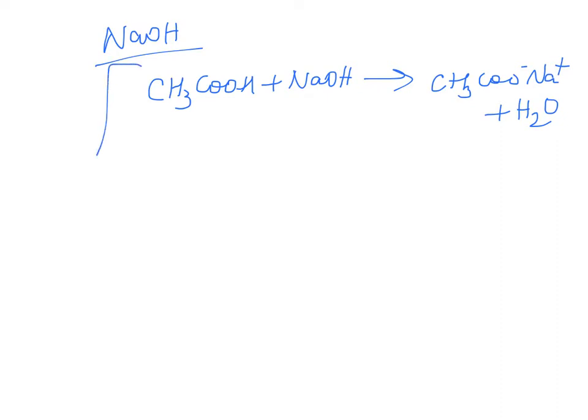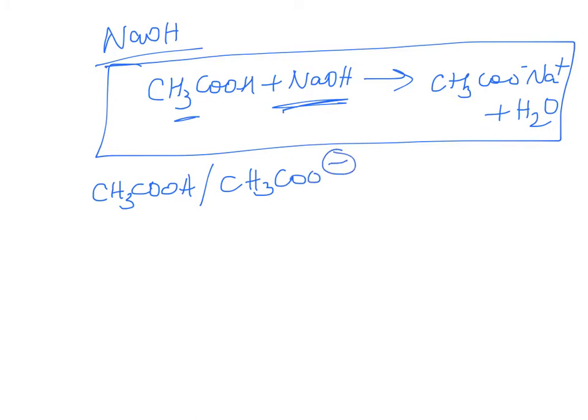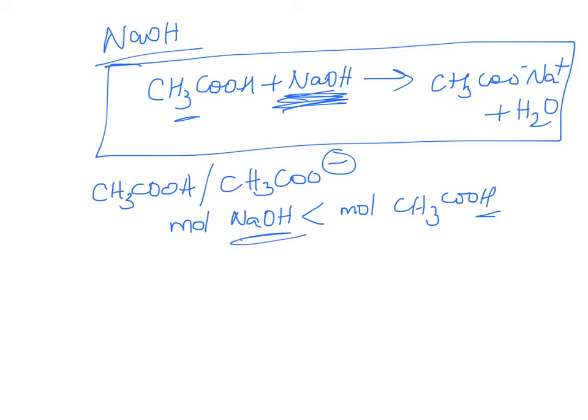Since we know that acetic acid is going to neutralize the alkaline part, let's say now it's part of a buffer, CH3COOH, and you add sodium acetate, they are together. If you add a little bit of sodium hydroxide, as long as the moles of sodium hydroxide are less than the moles of acetic acid, that acetic acid should be able to neutralize the added sodium hydroxide.